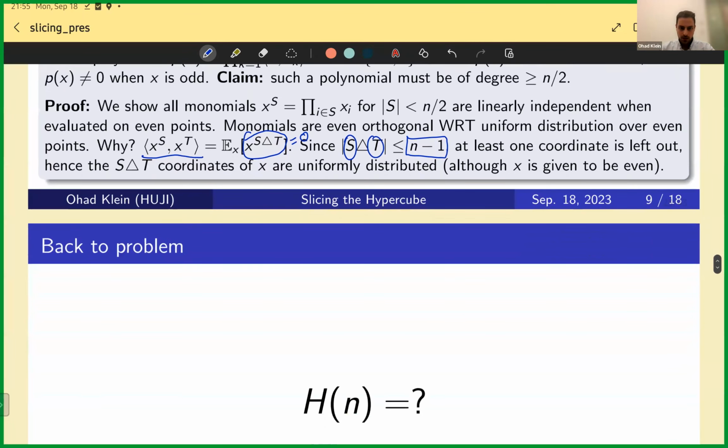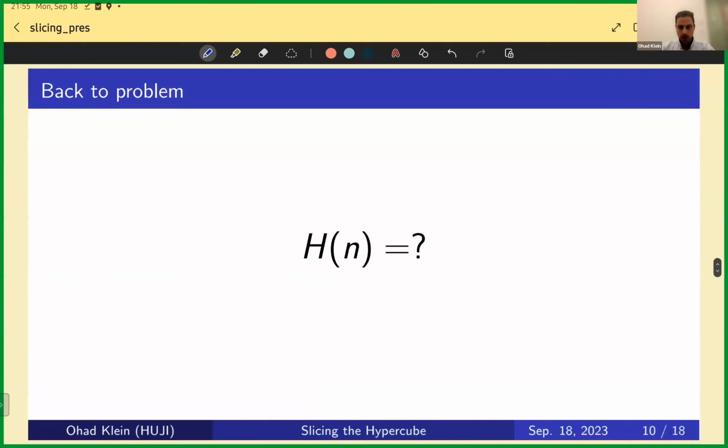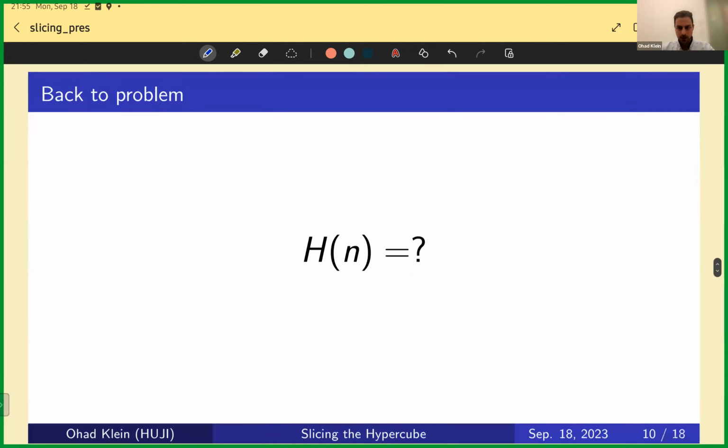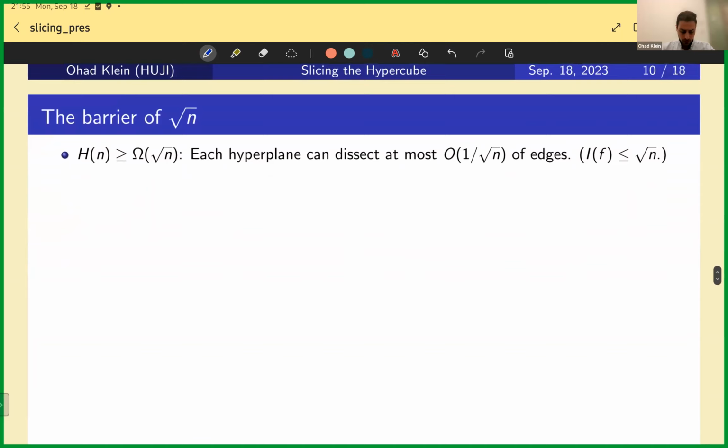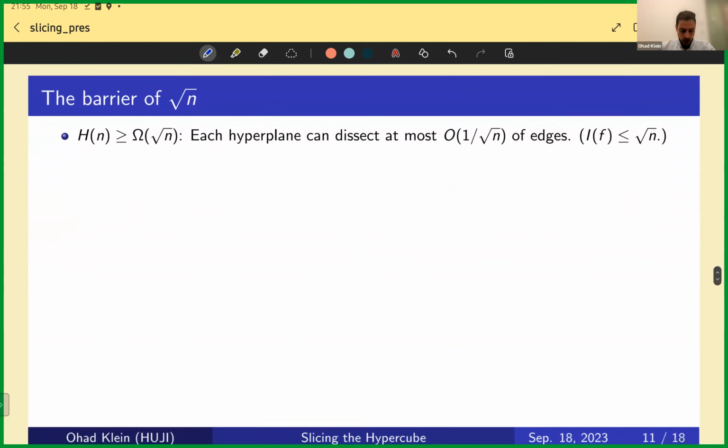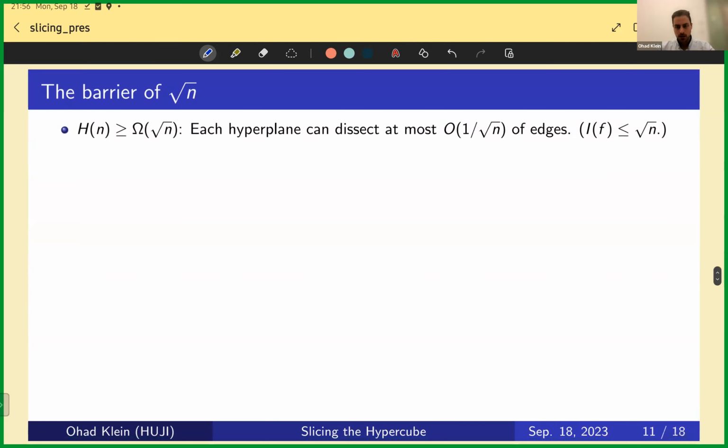Okay, so now let us go back to our problem to determine the number of hyperplanes needed to dissect all edges of the hypercube. So I want to propose some reason for why this problem is still open for such a long time.